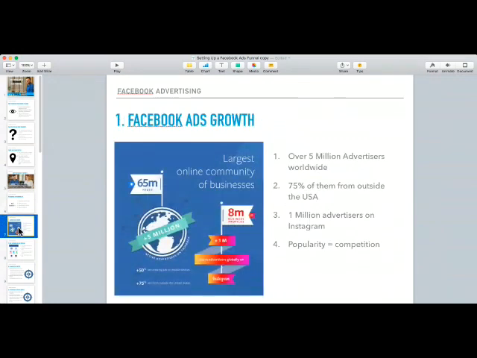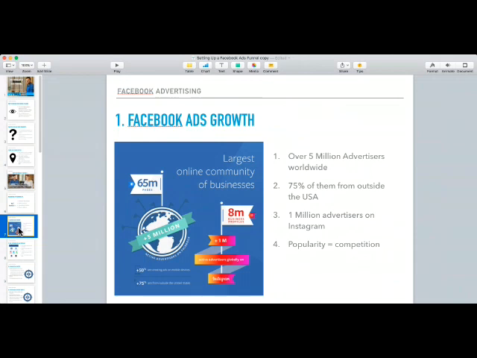So Facebook advertising, it's no surprise that it's really a hot topic at the moment. I've seen it in my own business and just in the conversations happening online, and purely also the amount of clients that we manage now, which are just Facebook advertising clients. And that's purely just because the advertisers themselves on Facebook are growing exponentially.